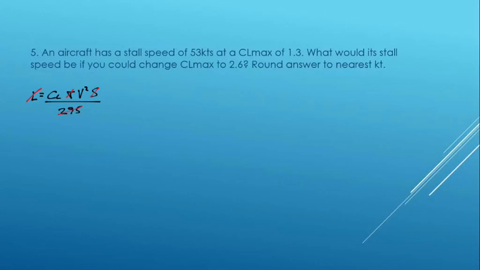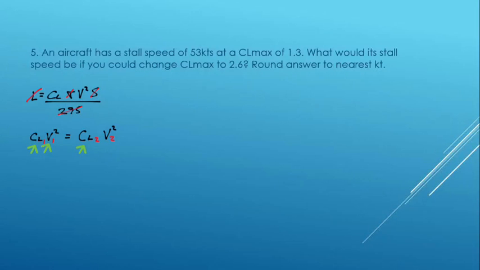For problem 5, we have the same situation with the lift formula. We cross out the parts that we don't need or aren't given. What we need is coefficient of lift and velocity squared, and we're looking for a velocity.